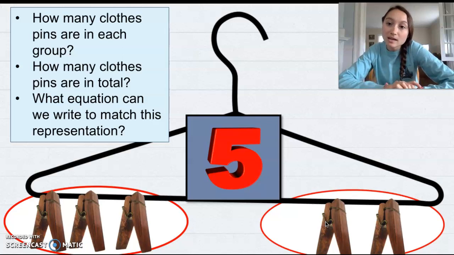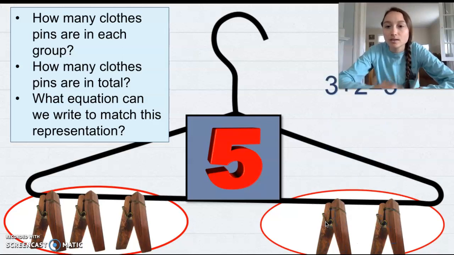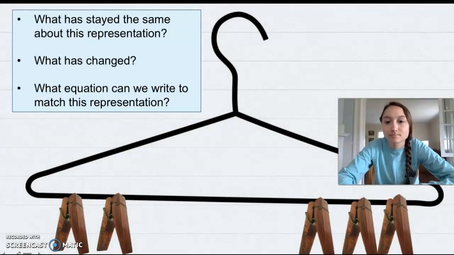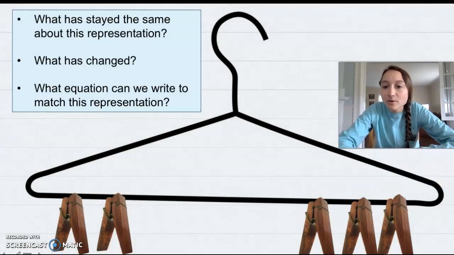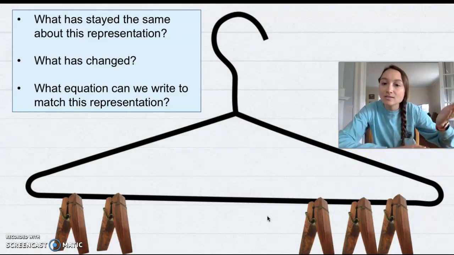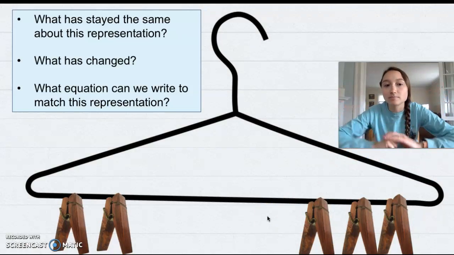Now, how can we write an equation to match this picture? You'll see it on your screen there. 3 add 2 makes 5. Now let's look at another clothes hanger. Okay, what do you notice here? What has stayed the same between the last clothes hanger and this clothes hanger?